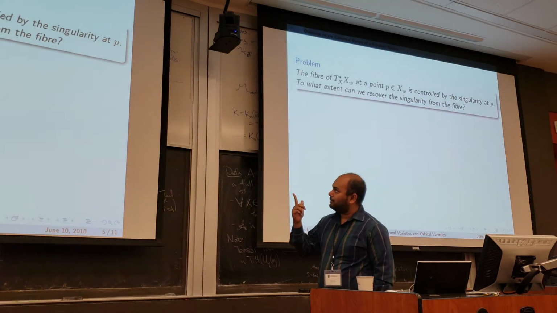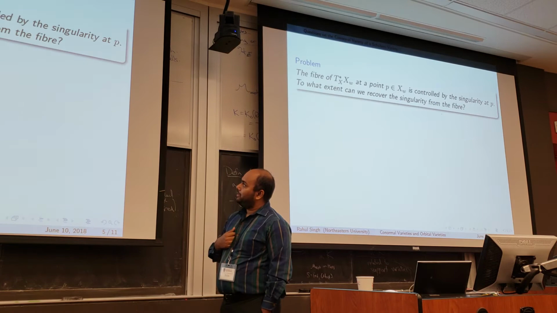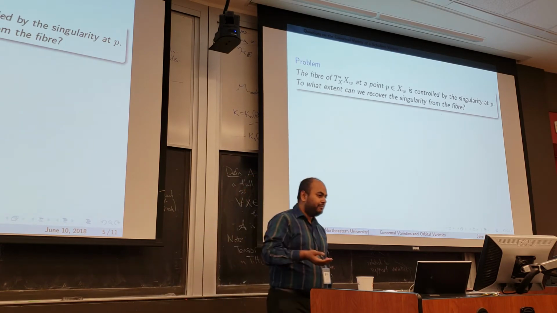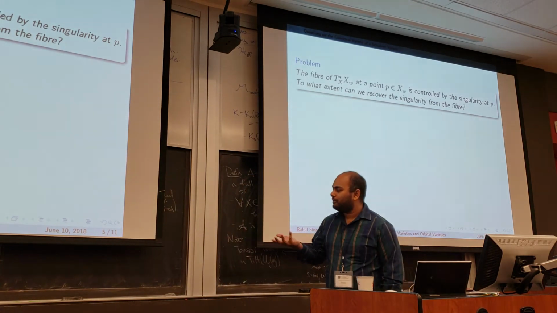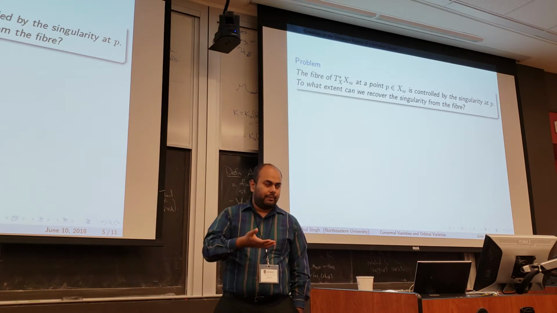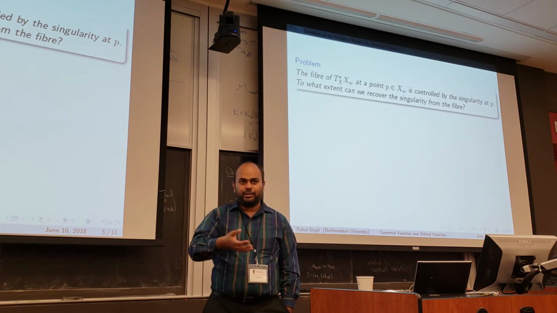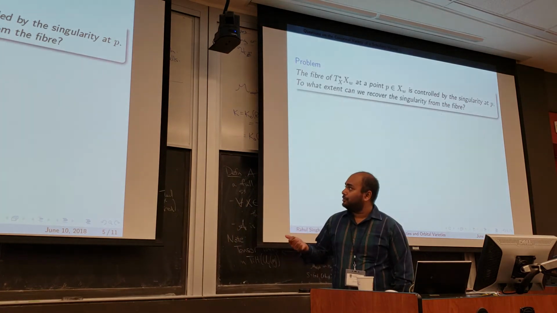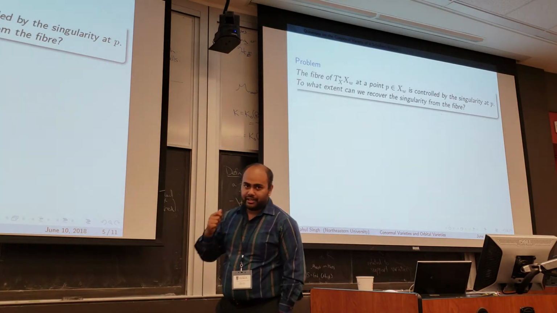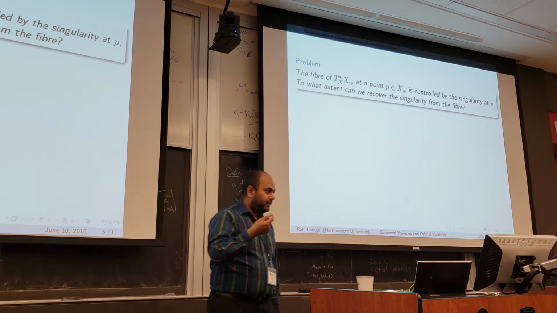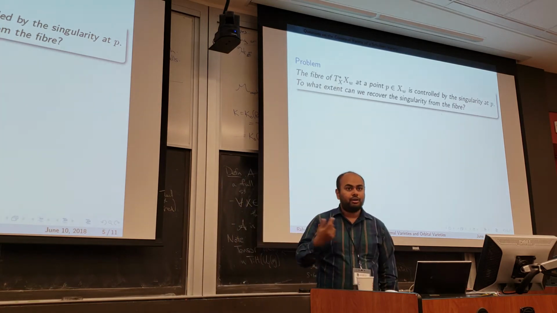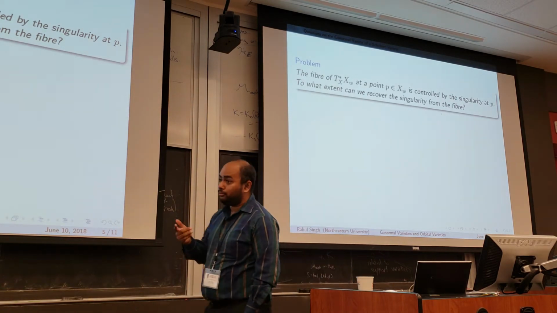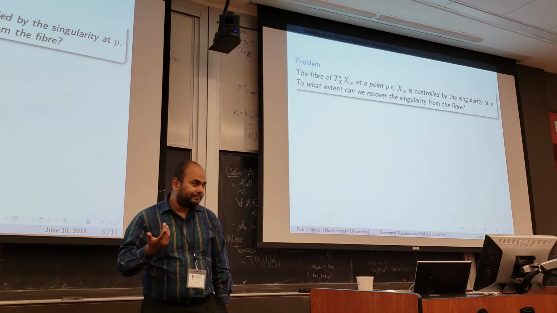One of the motivating problems is: if I know the fiber of the conormal variety, which is really defined locally, at each point you just talk about what the behavior is at that point, to what extent can I recover the singularity from the fiber at that point? In general you can't always, although maybe for Schubert varieties you can.